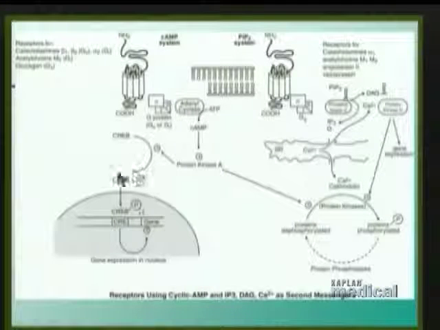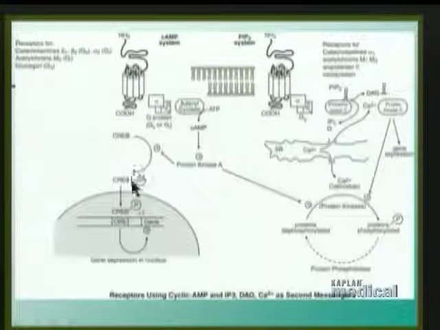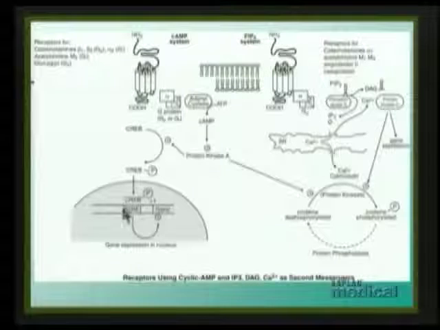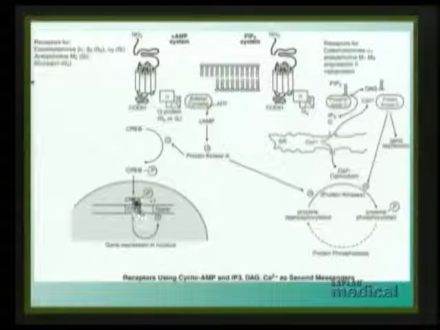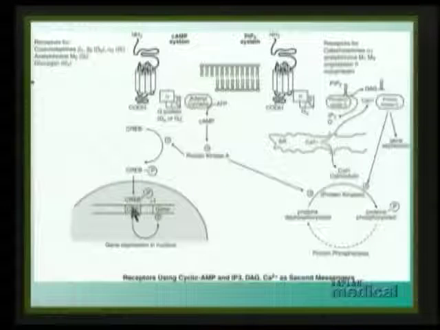A CREB protein, when phosphorylated by protein kinase A, then translocates to the nucleus and binds a DNA region called a CRE, a CREB response element. CREB protein is therefore an example of transcription factors turned on by phosphorylation, and by binding to CREs, CREB proteins can alter gene expression.